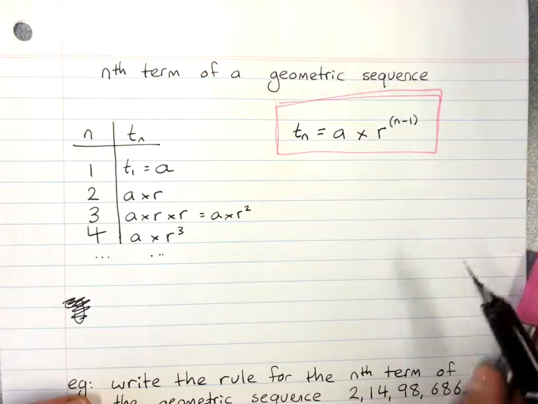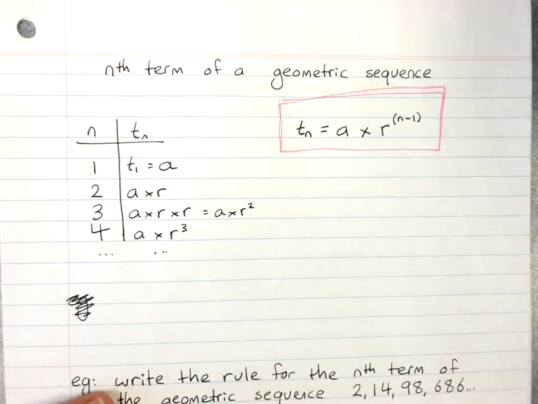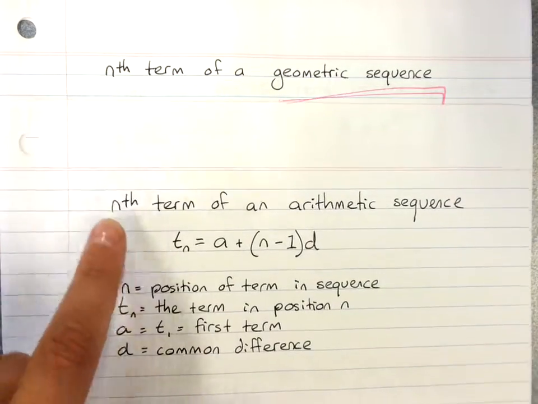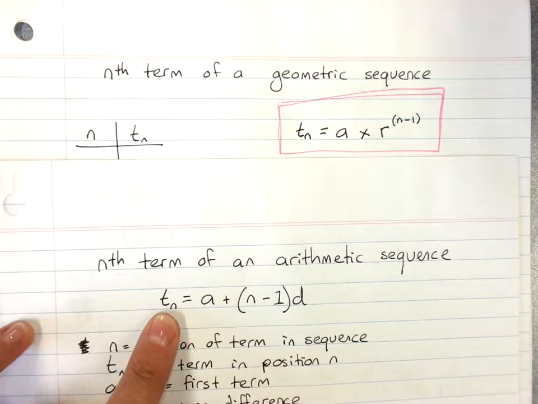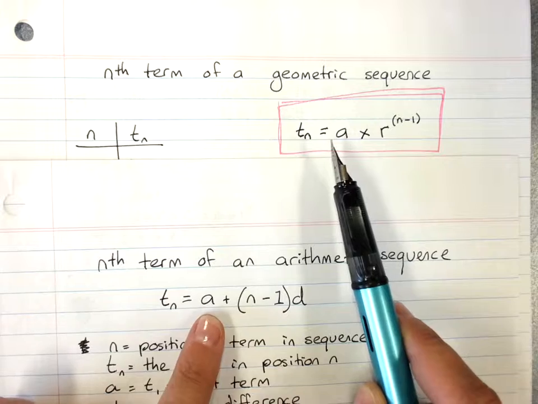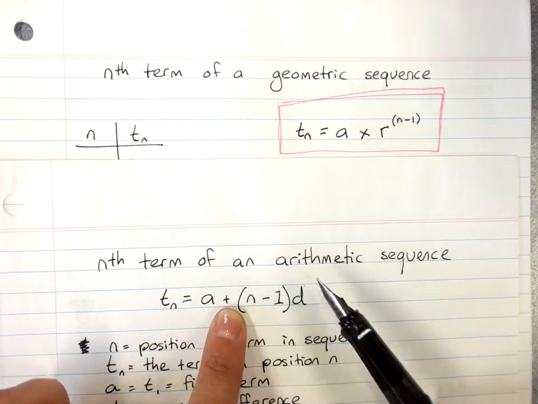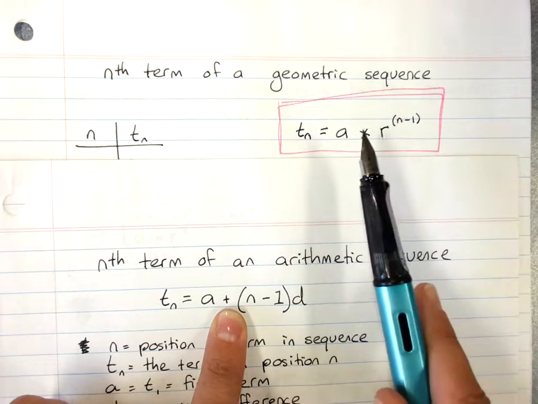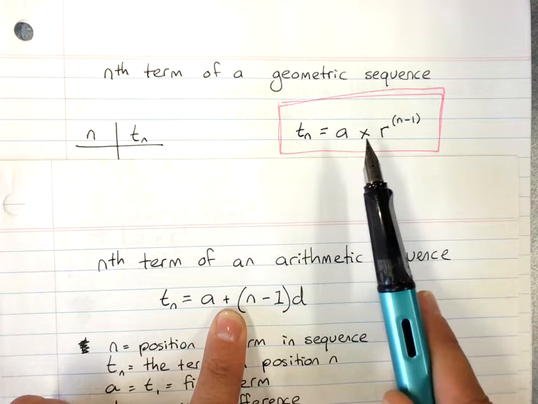Now a couple of lessons ago, we did learn the arithmetic sequence nth term, and you'll see it's got some similarities. Tn equals a. It's plus for an arithmetic sequence and times for a geometric sequence.